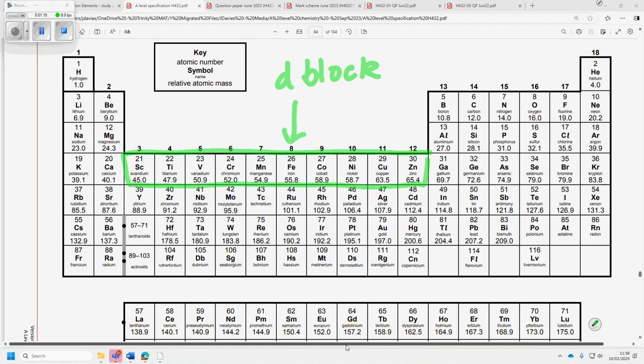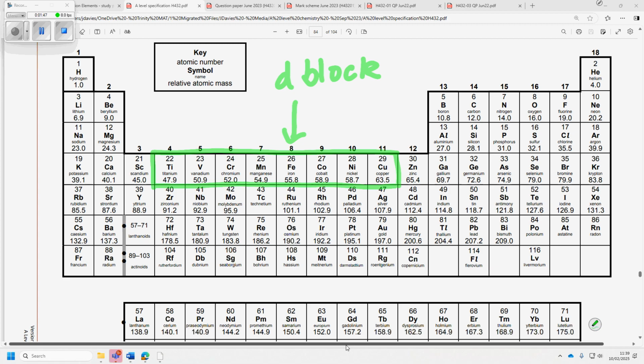These, however, are not all transition elements. What we're going to learn is that the elements scandium and zinc are not transition elements. The ones between titanium and copper are transition elements. So we've got to be able to use the terms transition element and D block element accurately.